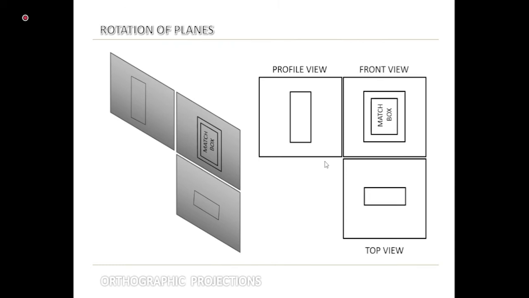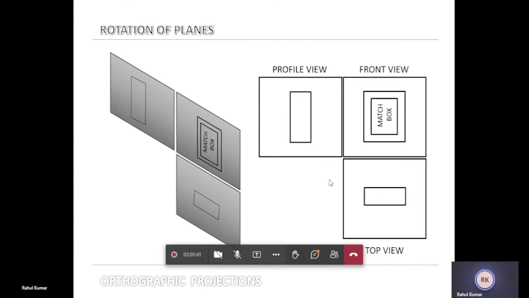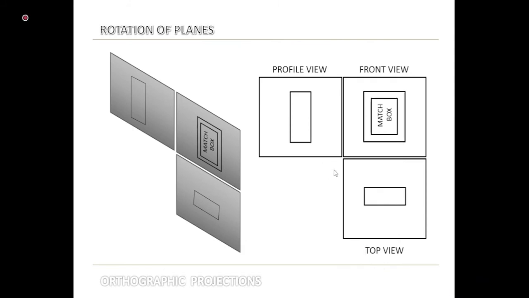Then you have the profile plane, which was also opened up in clockwise direction, and you have a right side view of the matchbox. We were looking from the right side, remember? Or should I go back to the slide? I guess you all can remember. That was just a few minutes before. So we were looking from the right side, but where do we get the view?